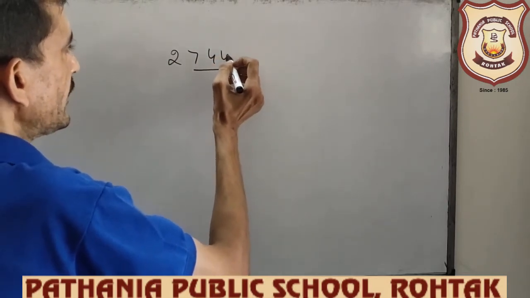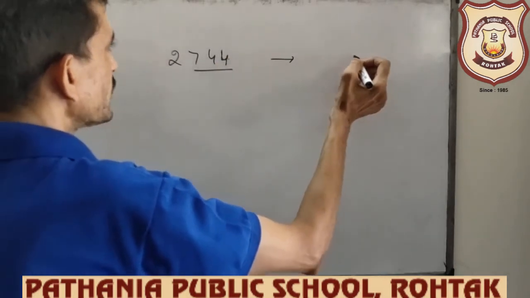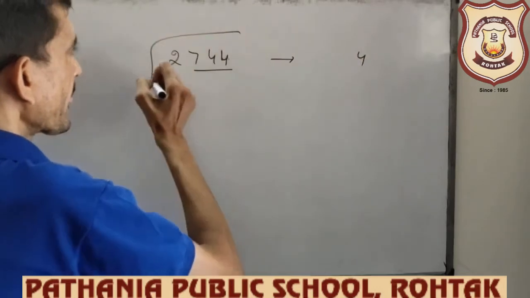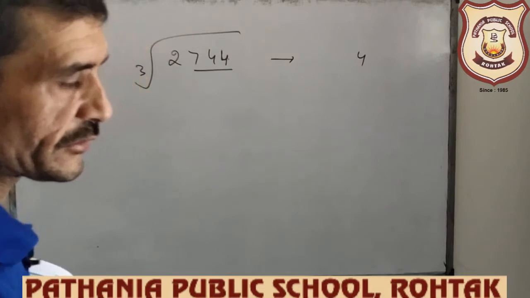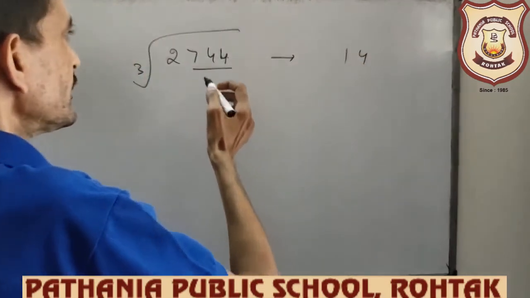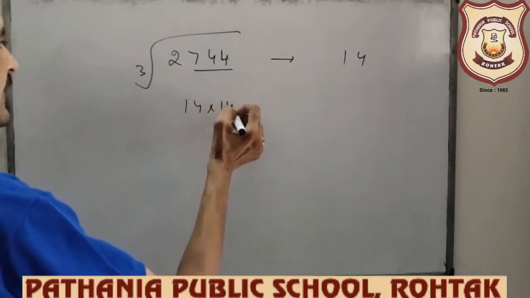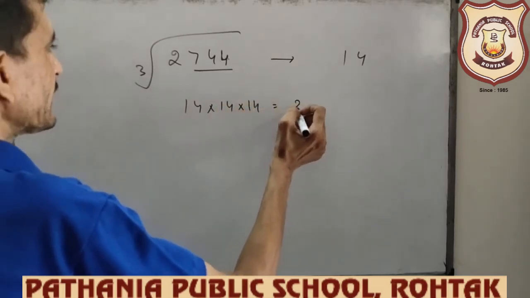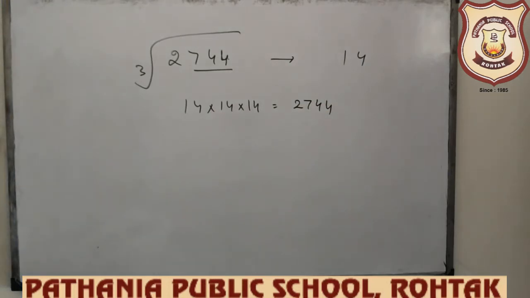This is group 1 and the unit digit of this is 4, so therefore the unit digit of its cube root is also 4. And the left over number is 2. Now you have to think of a number whose cube is less than 2, that is 1. Therefore the cube root of this is 14. If you check it, it also verifies the answer, the product is the same. So hence 2744 is a perfect cube number.